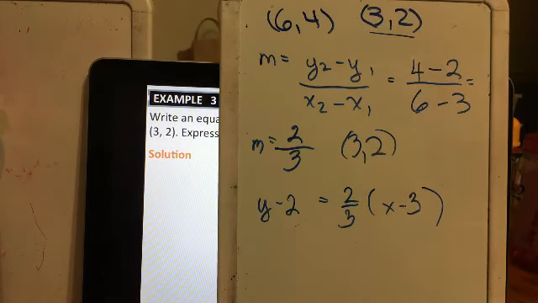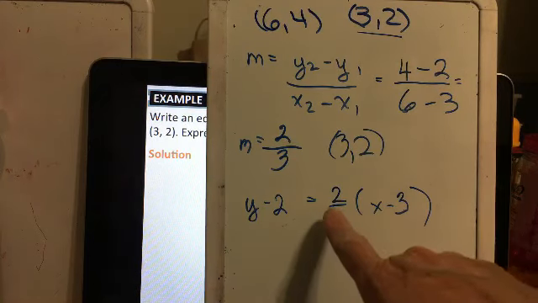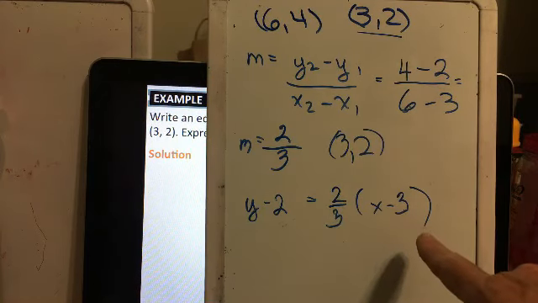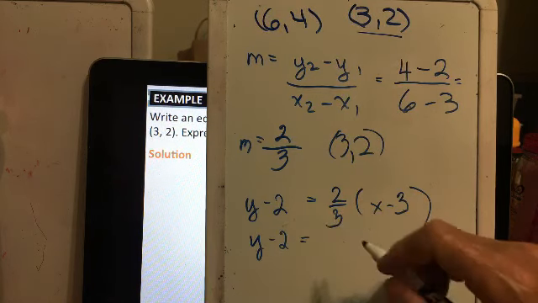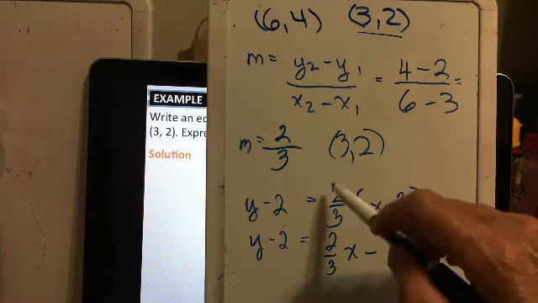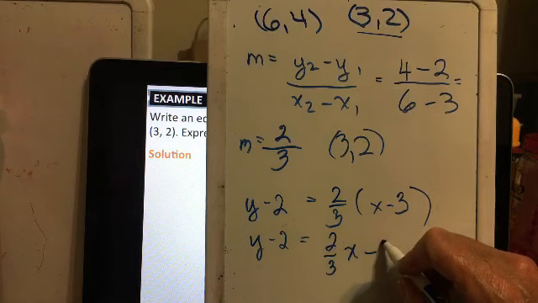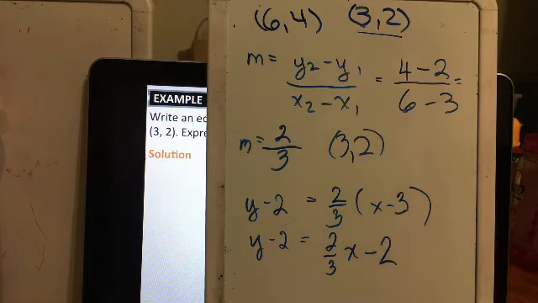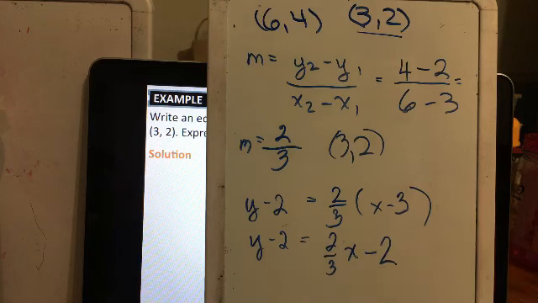Okay, and now we're supposed to leave this, remember, in slope-intercept form. So we've got a little work to do on this. First of all, let's get rid of this parenthesis. So we're going to distribute this, and we've got y minus 2 equals 2/3 x take away, and 2/3 times a -3 is a -2 because my 3's will cancel. Okay, so I'm trying to get this into slope-intercept form, so I'm going to want y by itself on the left-hand side.